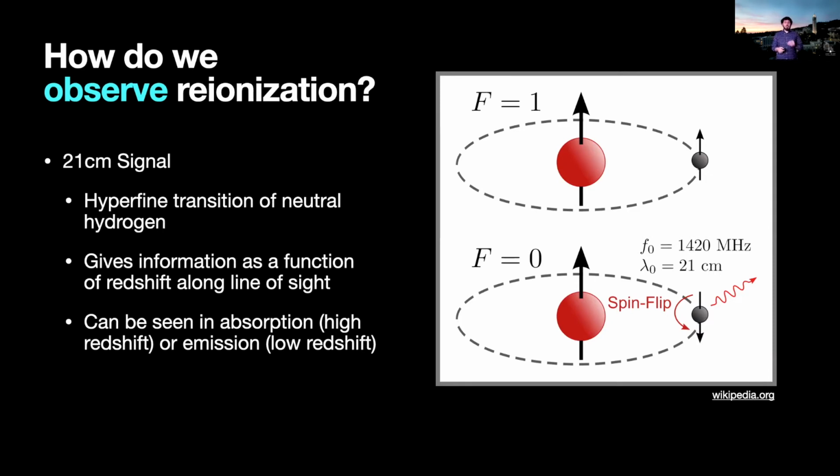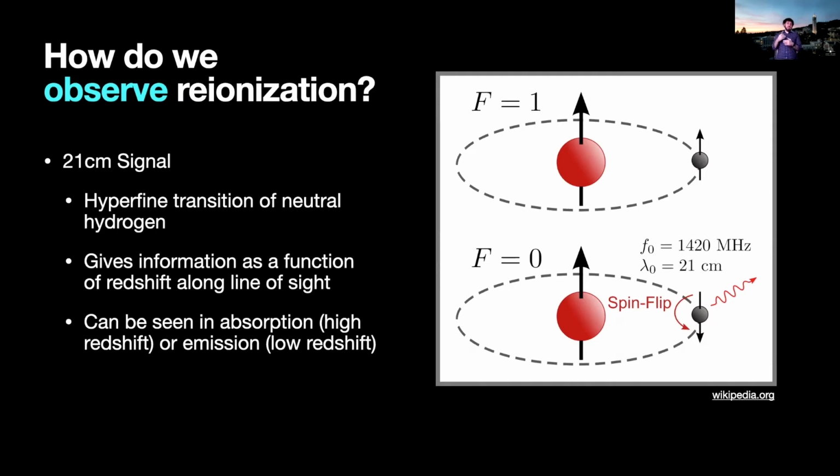And one thing to keep in mind of what makes the 21 centimeter signal so appealing is that it gives you information as a function of redshift along the line of sight. The reason for that is because in the rest frame, the radiation is emitted at 21 centimeters, say at redshift 10 or so. But as this photon propagates, it redshifts with the expansion of the universe, so that by the time it reaches us here on Earth, it's at a much lower frequency, say 150 megahertz or whatever it works out to exactly.